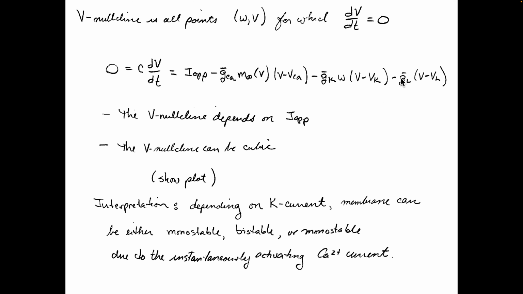So it's hard to see from the equation what this nullcline will look like, but it's clear that the voltage nullcline will depend on the applied current. And it'll turn out that in the Morris-Lecar model, this voltage nullcline will often look like a cubic function.